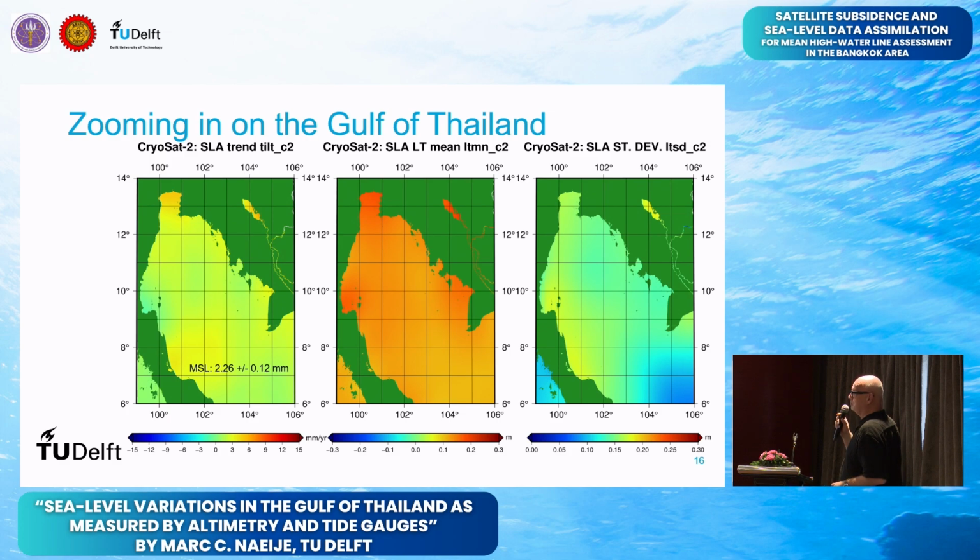So we have here 2.26, so the mean of our SLA, and here we have the standard deviation. So basically the blue one you saw before, but now zoomed in on the Gulf of Thailand. So you can see indeed that there is a variability in this area.